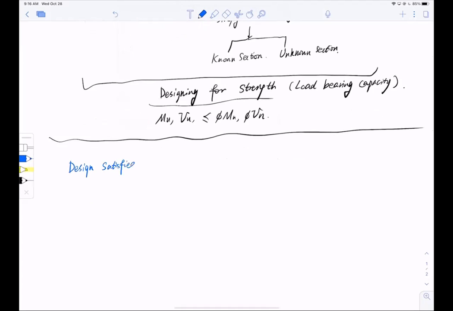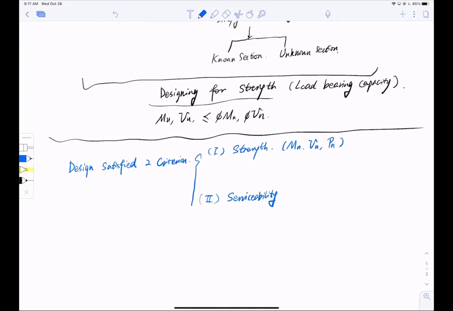One is what we talked about, the strengths, and this is Mn, Vn, and later we'll talk about the column, Pn. And then the other big criterion is the serviceability. Serviceability oriented design.